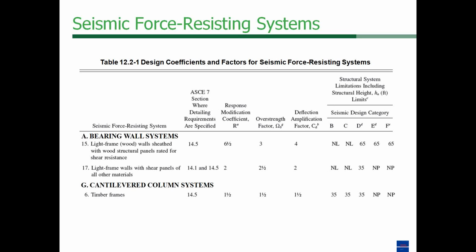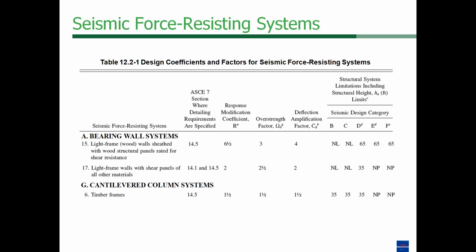And steel sheets are permitted and recognized for steel studs, but they're not permitted for wood studs. And the second thing that you want to know is that this table contains a height limit. So if you're doing a seismic design of a wood structure using a wood frame shear wall, your height limit is going to be 65 feet.